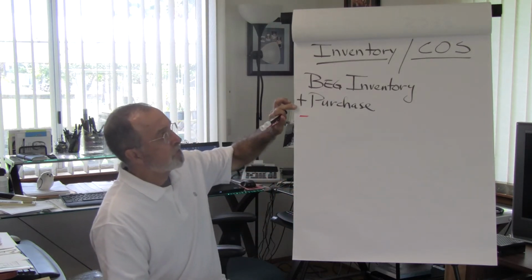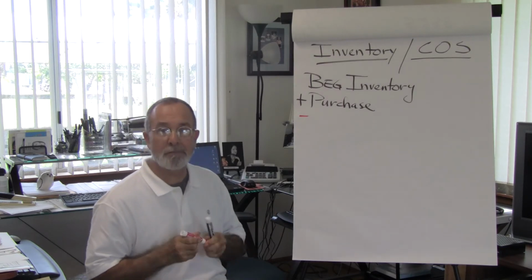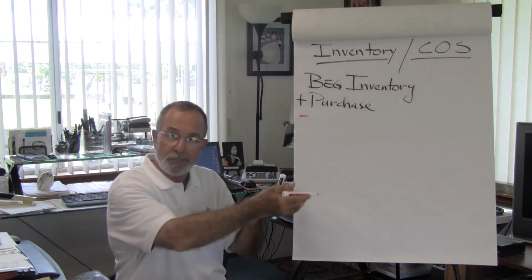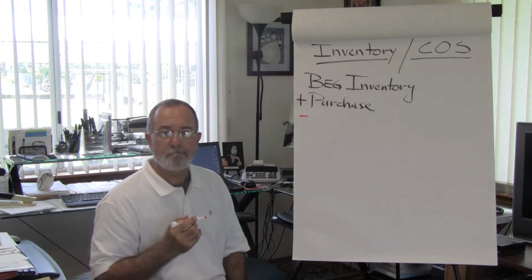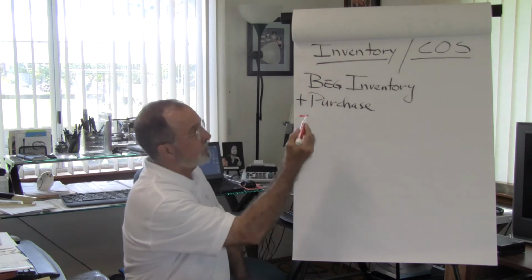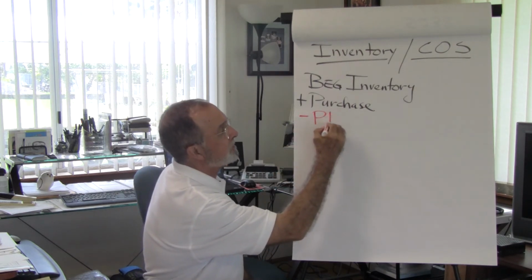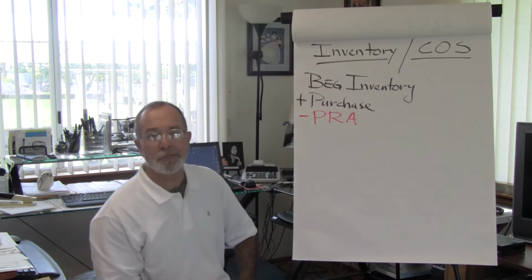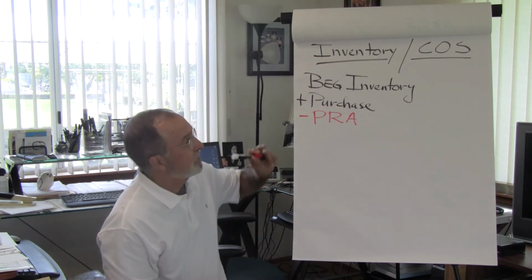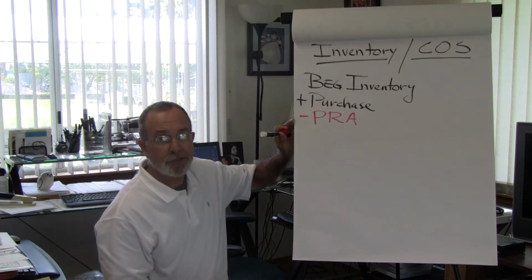So when we purchase inventory, we may from time to time find that we need to return inventory items that we had purchased. And so those transactions would be recorded in the account purchase returns and allowances. Purchase returns and allowances is a contra expense account.